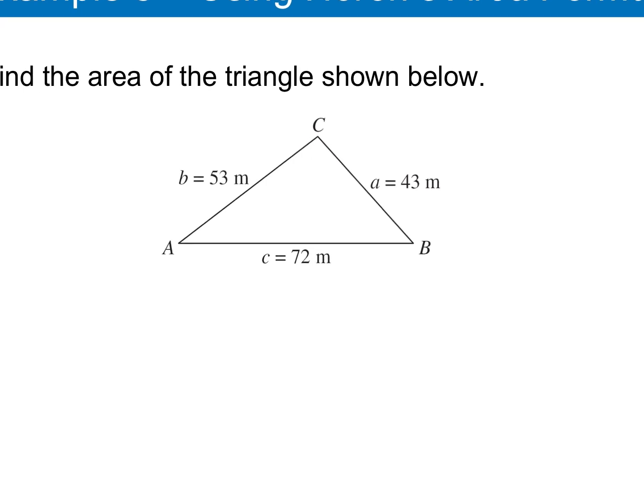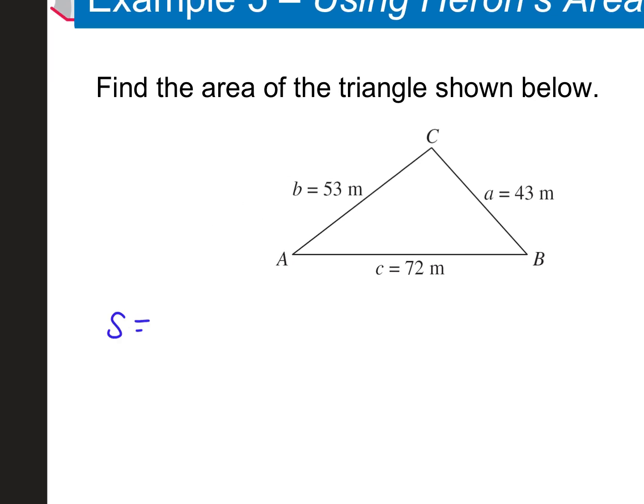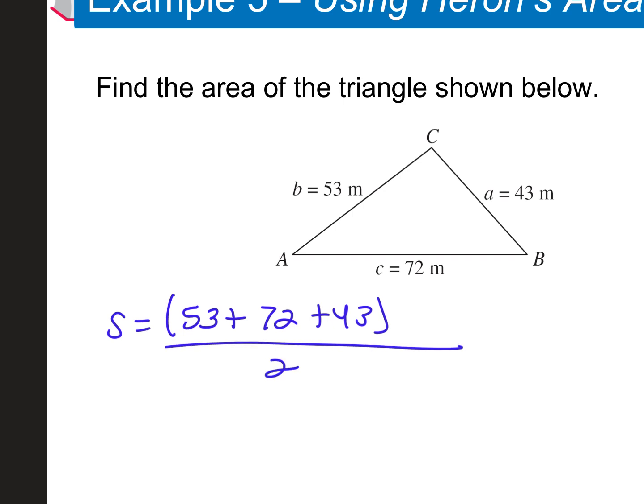All right, here's your problem. It says find the area of the triangle. Why can't we use the sine area one? There's no angle given. So the first thing we have to do is say, okay, what is our S value? So we take all 3 sides and we add them up and divide by 2. So 53 plus 72 plus 43, and then divided by 2 is how much? 84.